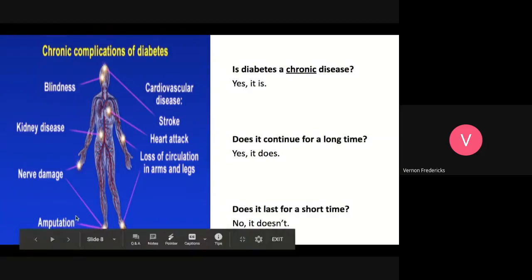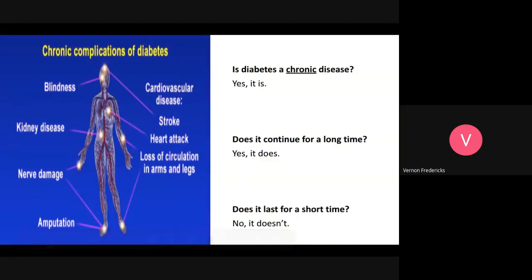Amputation means if you hurt your foot, if there's a cut in your foot and you are diabetic, the cut will take a long time to get better. And because it takes a long time to get better, the foot will not heal properly. And then the doctors have to cut the foot.